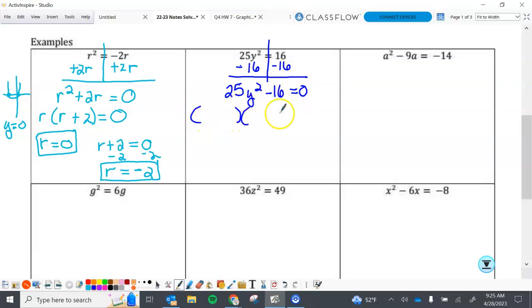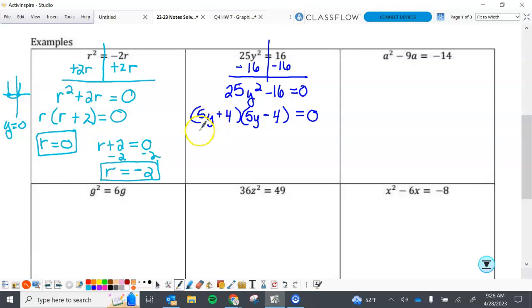We're going to write 2 parentheses, set them equal to 0. Our parentheses are taking the square root of everything, so that's 5y and 4, 5y and 4. And then in our parentheses, one has the plus sign in it, the other has the minus sign. Once you're done factoring, you take each factor and set it equal to 0.